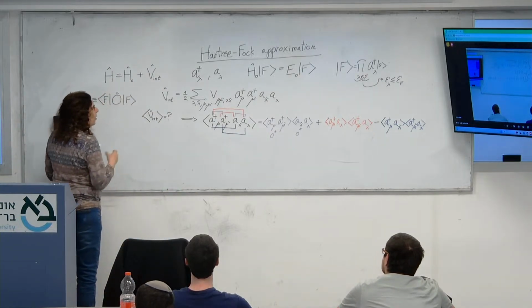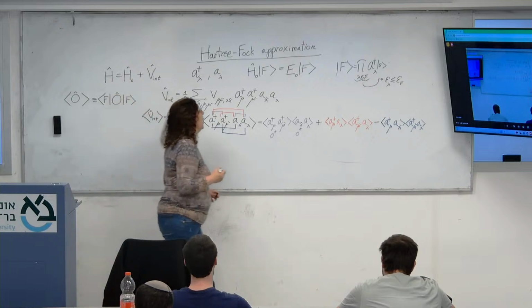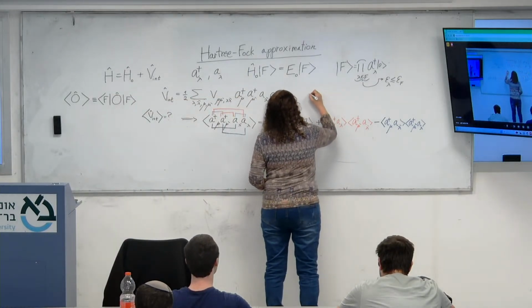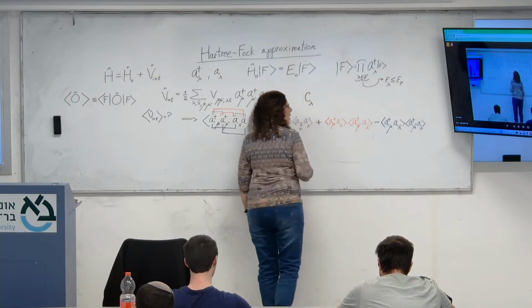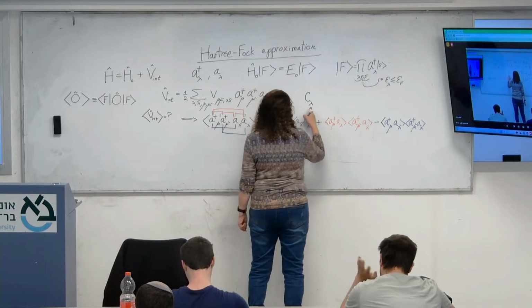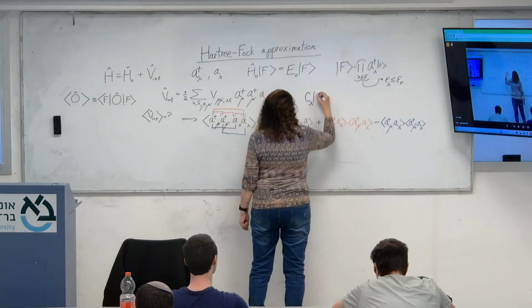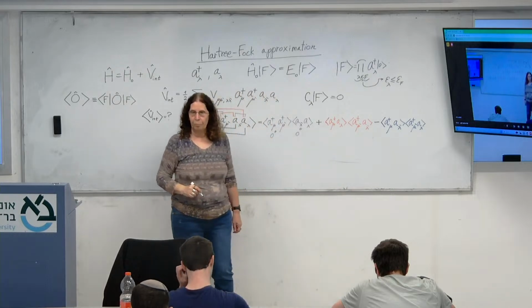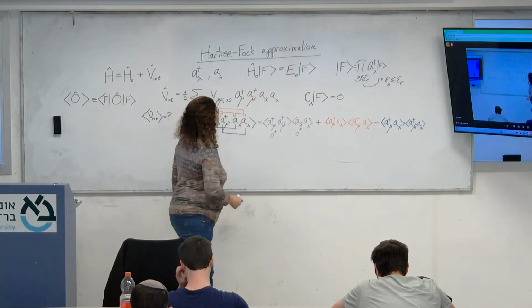The idea is that I want to define operators C and C dagger such that for every lambda, C lambda on F will give me 0. Okay?